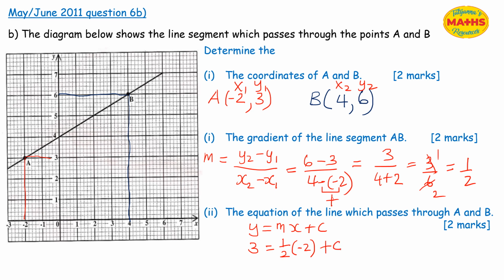So when we cancel here, we're going to get 3 equals -1 plus c. So that's 3 plus 1 equals c. c is 4. And so the equation is y equals a half x plus 4.